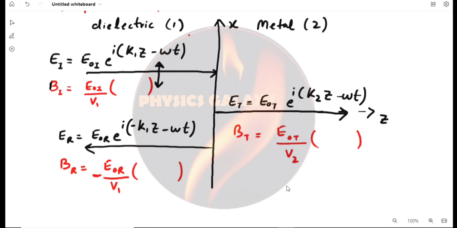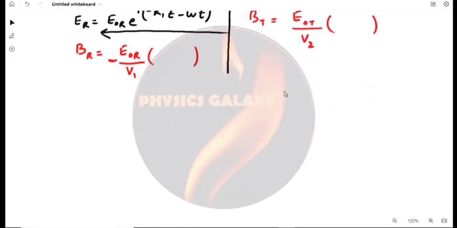Now because we have to find the phase change, and we know phase changes occur at the interface, we'll solve our boundary conditions at the interface. Let me write down the boundary conditions first.